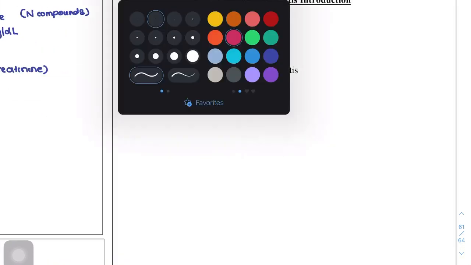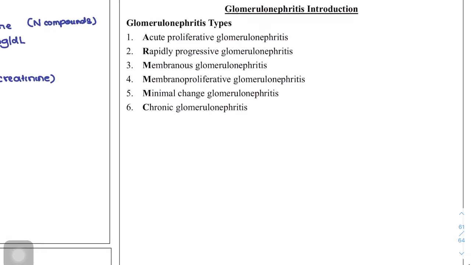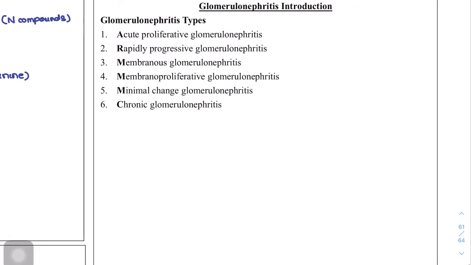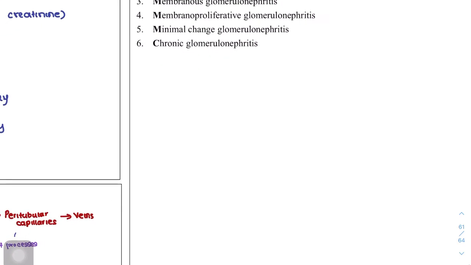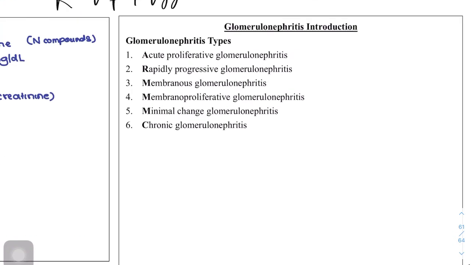Next, we will talk about the diseases of the kidney, and the main part is the diseases of the glomerulus. For our university, we need to know all of these, but we'll start off with an introduction to what glomerulonephritis is. As you can read, it has the part itis. This means it's an inflammation of the glomerulus.